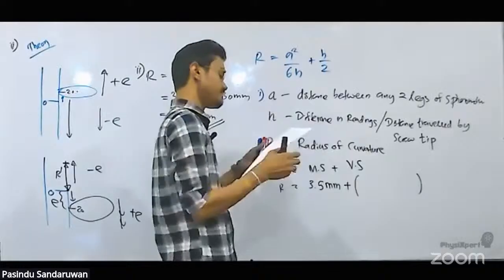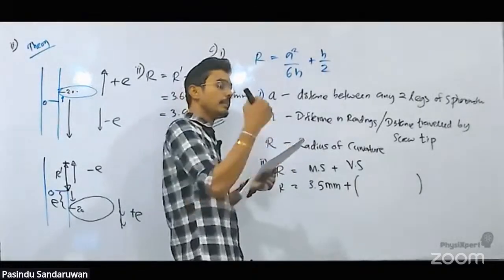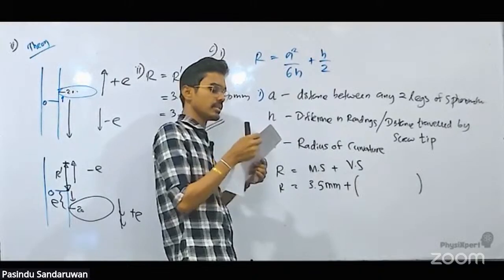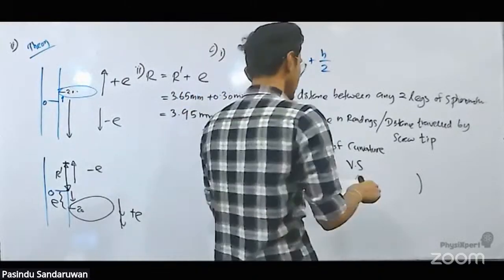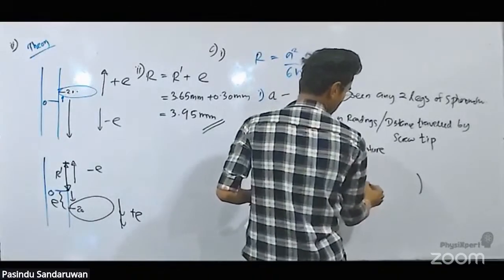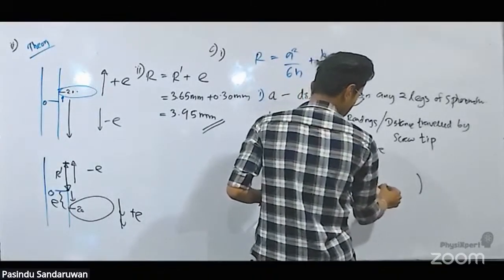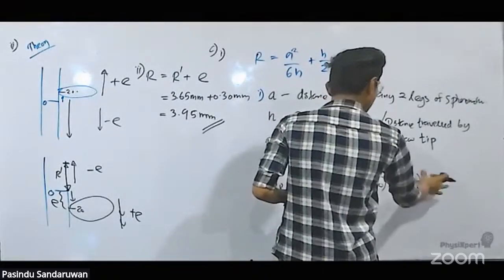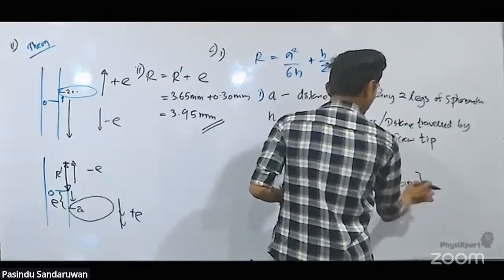Plus vernier scale. Now again, we are below 0. Coincided is 20. Then total minus coincided, since we are below 0. Total 50 minus 20 into least count 0.01. So this is how it should be written.